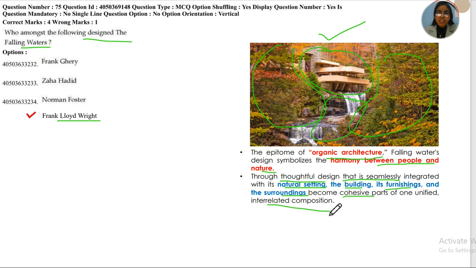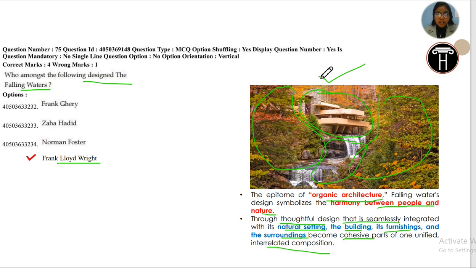This is the speciality of organic architecture, in which nature, the building, its furnishings, its material and surroundings all together become one unified interrelated composition, which can be seen very clearly in the Falling Water building. So the architect is F.L. Wright.